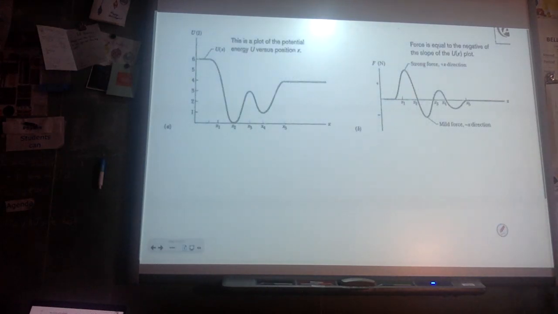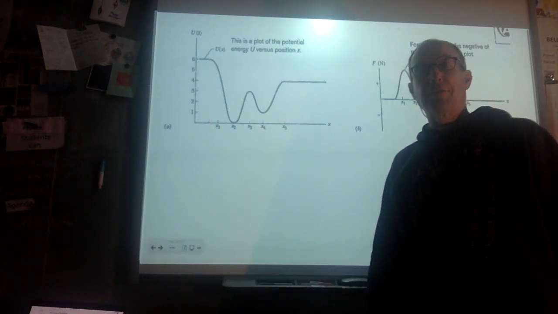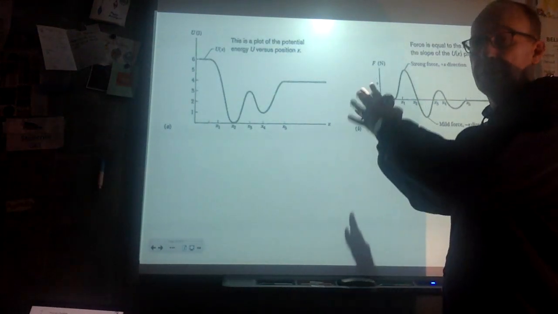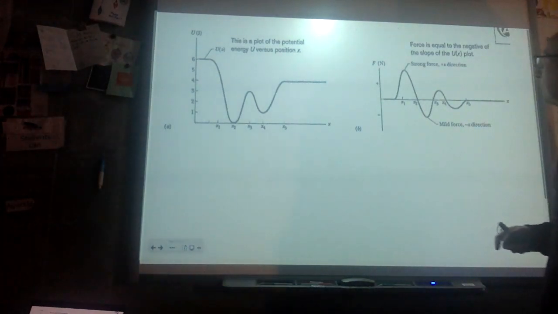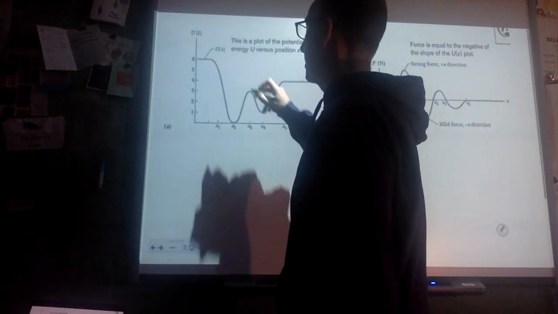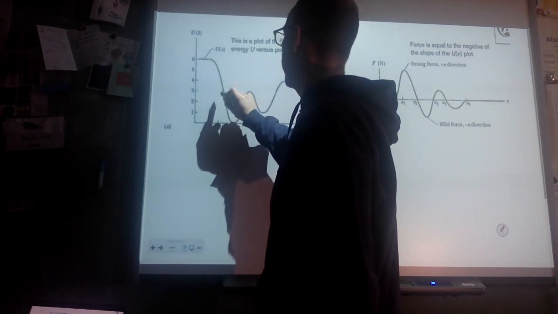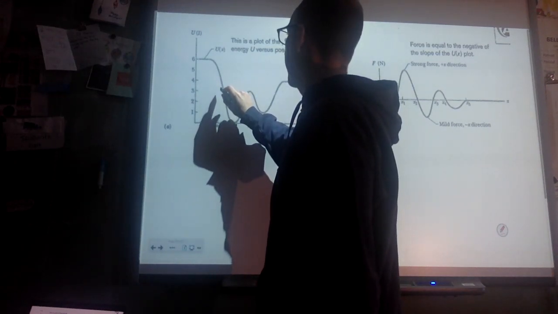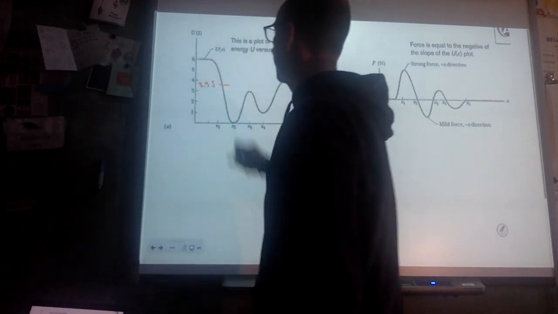All right, so this is what the potential energy curve is typically going to look like to you. Very often they'll have a grid to make it more like a graph. So if I have a system, let's say it has a total energy of 3.5 joules.